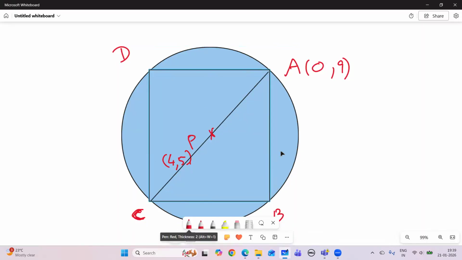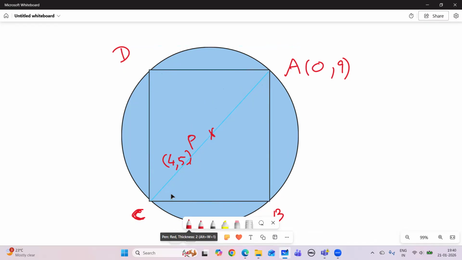So you have a circle, its center is given, and then a point on it is given. The circle is passing through this point, and we are considering the largest square inscribed inside this circle. You can see that the largest square is circumscribed by this circle.